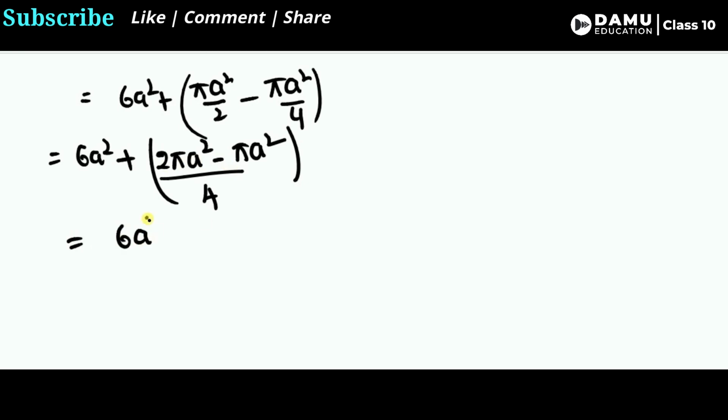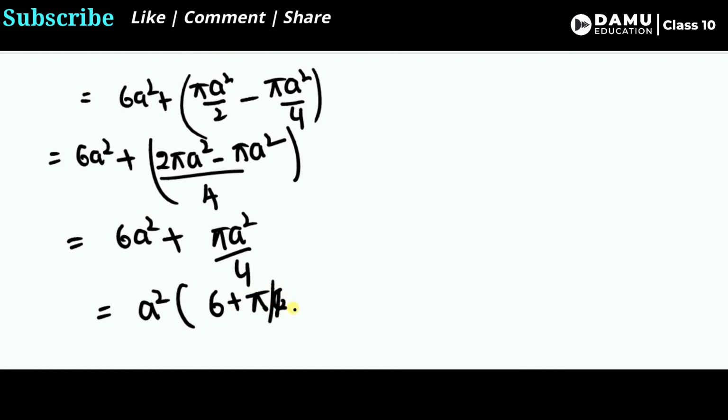So 6a square plus 2 pi a square minus pi a square by 4. Let's take a square as common: a square into 6 plus pi by 4. This is in square centimeters.